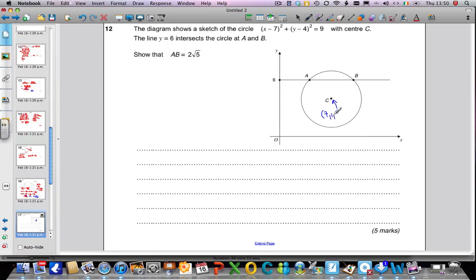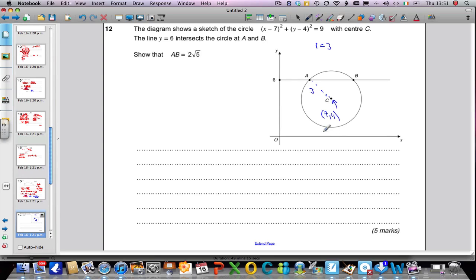7, 4. And that comes from the general formula of the equation of a circle. I also know that the radius is 3, because that value is r squared, so r must be equal to 3. So I know that that distance is 3.